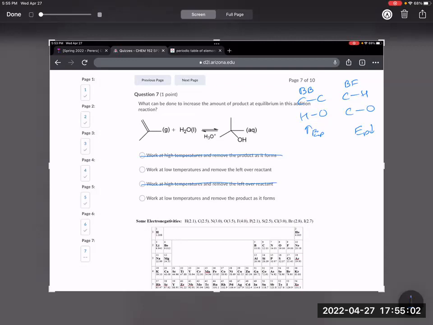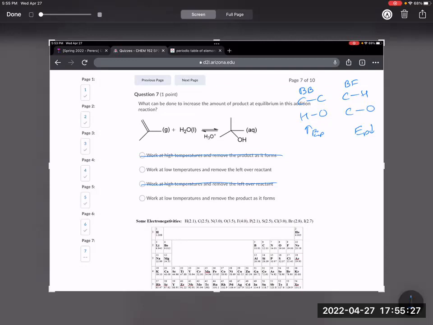And then if we want to shift the equilibrium towards products, either we need to remove the product, so that when the product concentration goes down, the equilibrium shifts towards the products, or we can increase the concentration of the reactants like the alkene.